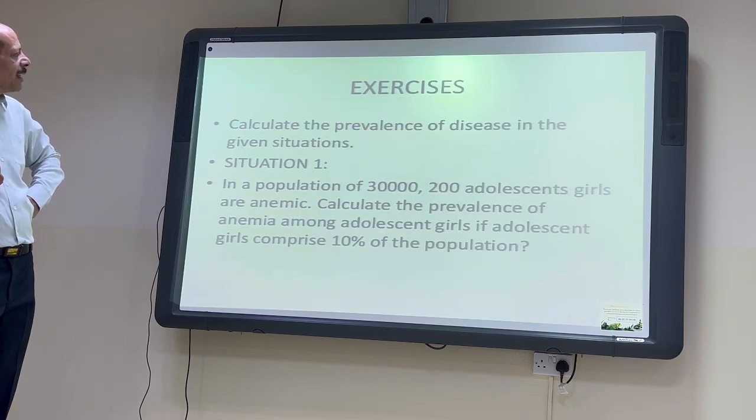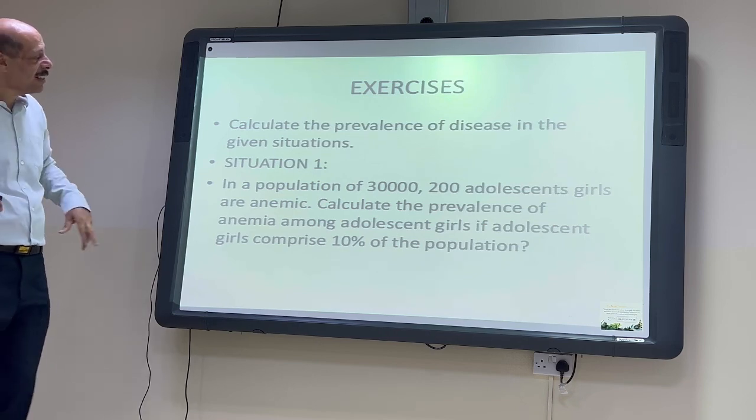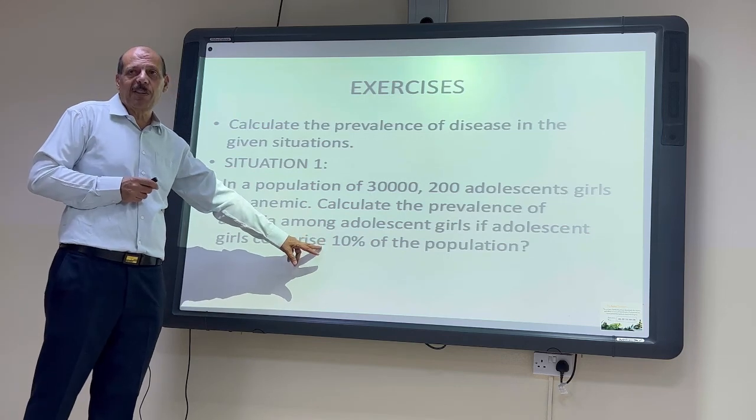Calculate the prevalence of disease for a given situation. So in a population, 200 adolescent girls are anemic. Calculate the prevalence of anemia among adolescent girls, where adolescent girls are 10% of the population.